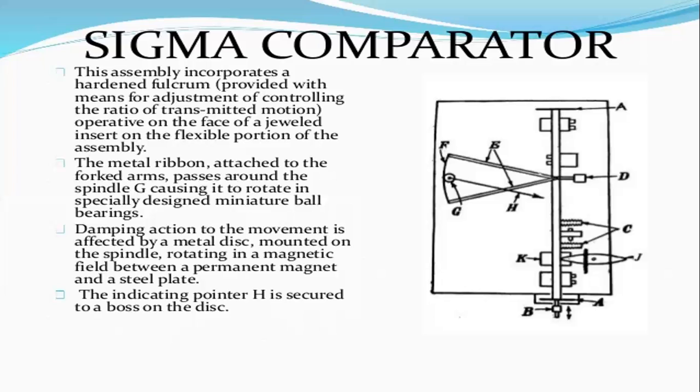So this is the indicator H, which is attached to a boss attached to the disc.